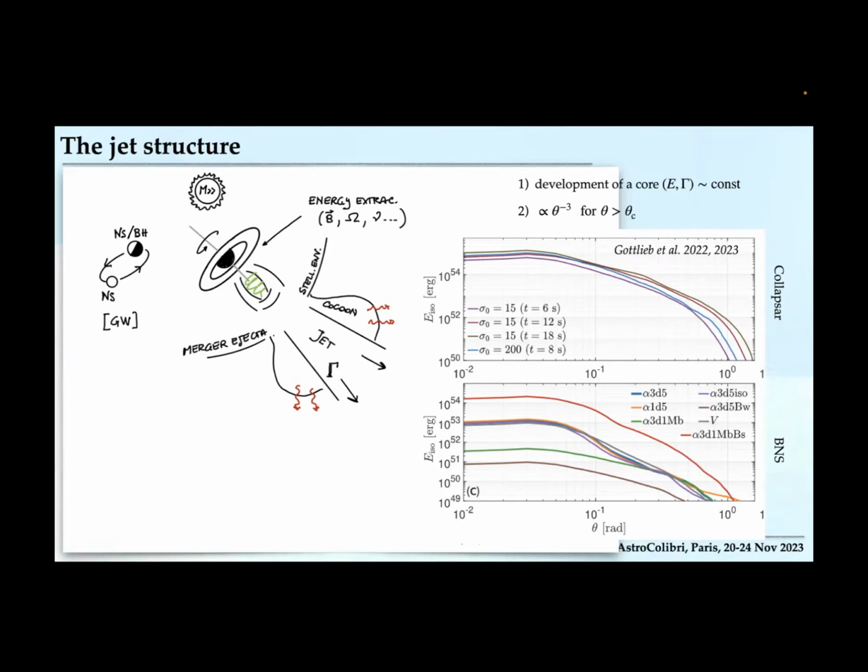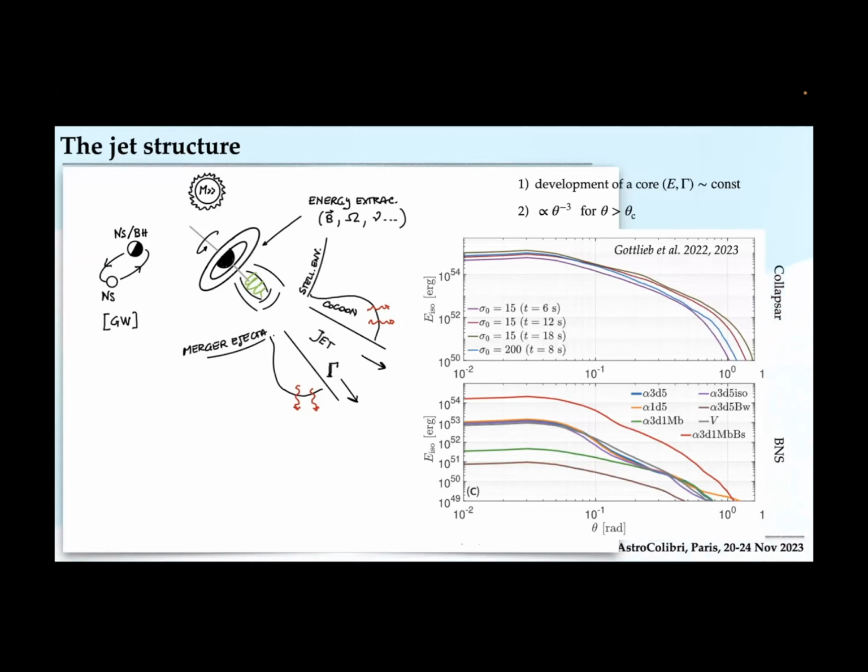And you see that typically these systems produce a region, what we call the core of the jet, where energy is constant, and then it decays as a power law, which in this case is of the order of theta to the minus 3. This holds both for the energy and for the other important factor, which is the Lorentz factor.